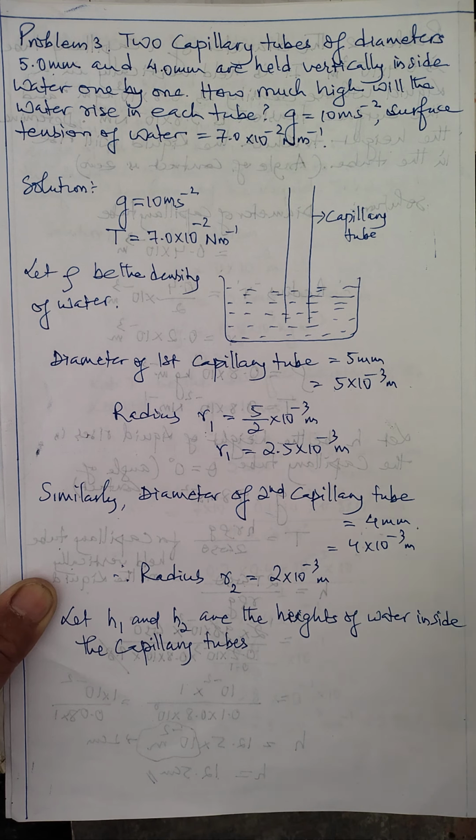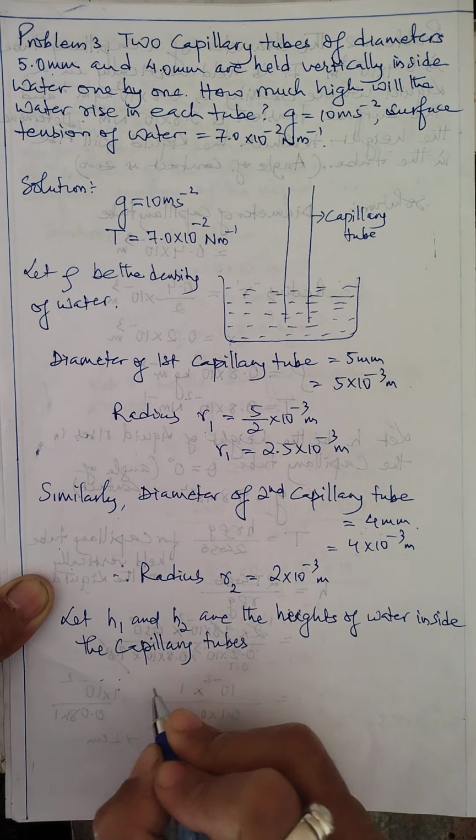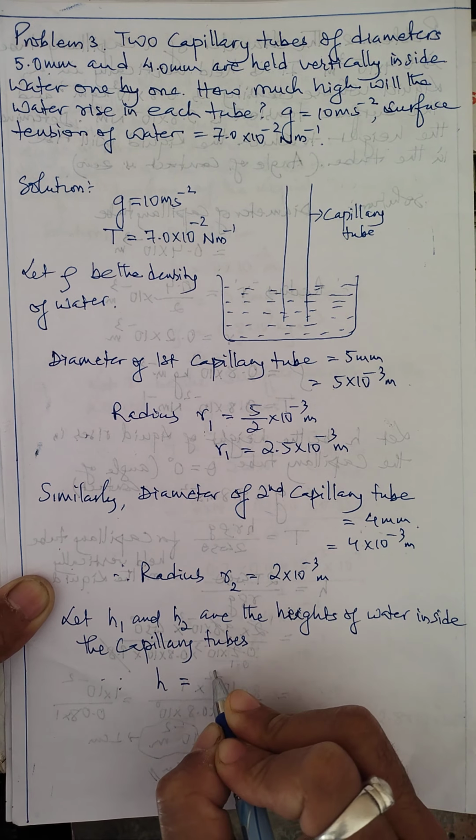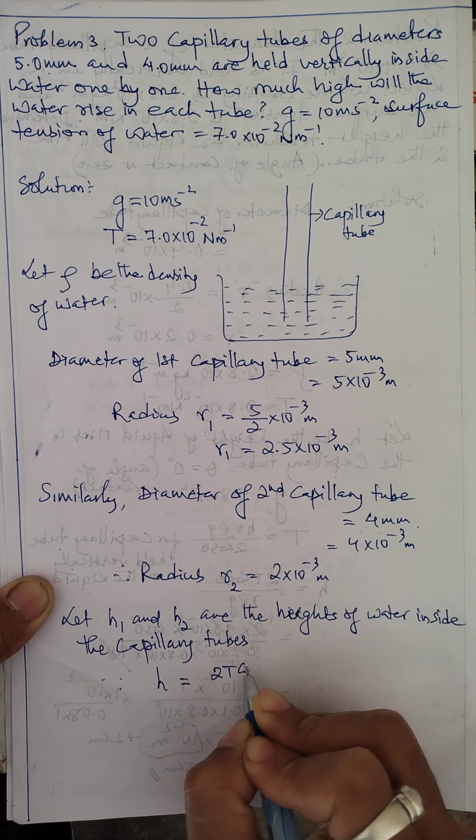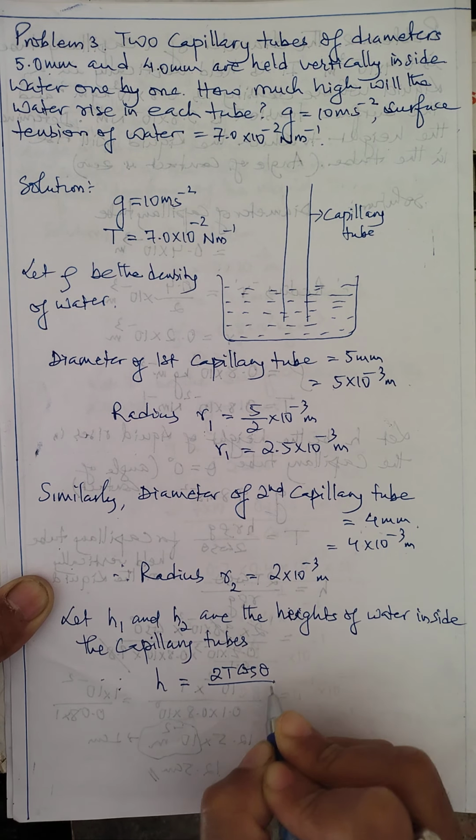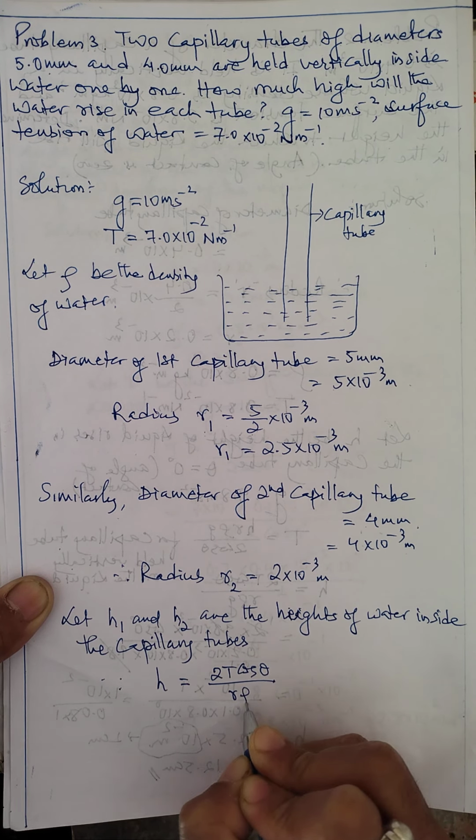To calculate H1 and H2, let me write the formula of the height reached by water or liquid in a capillary tube having radius r, and the formula is h equals 2T cos theta by r rho g.